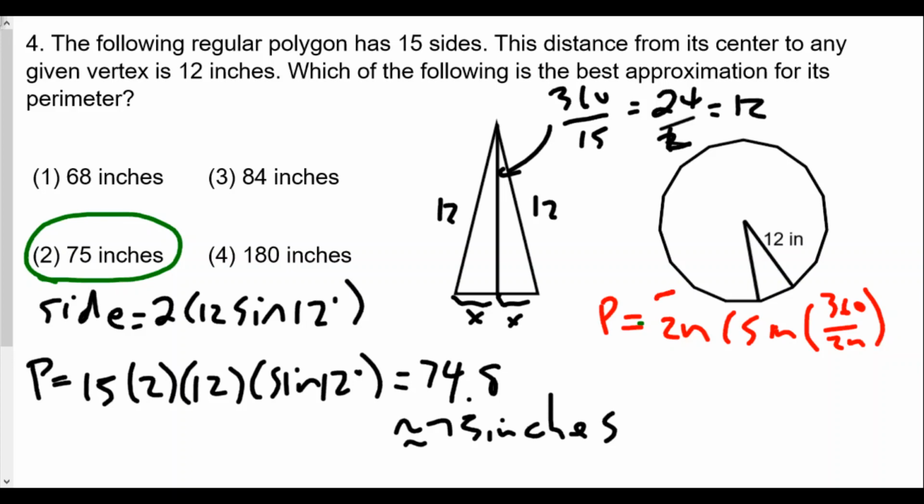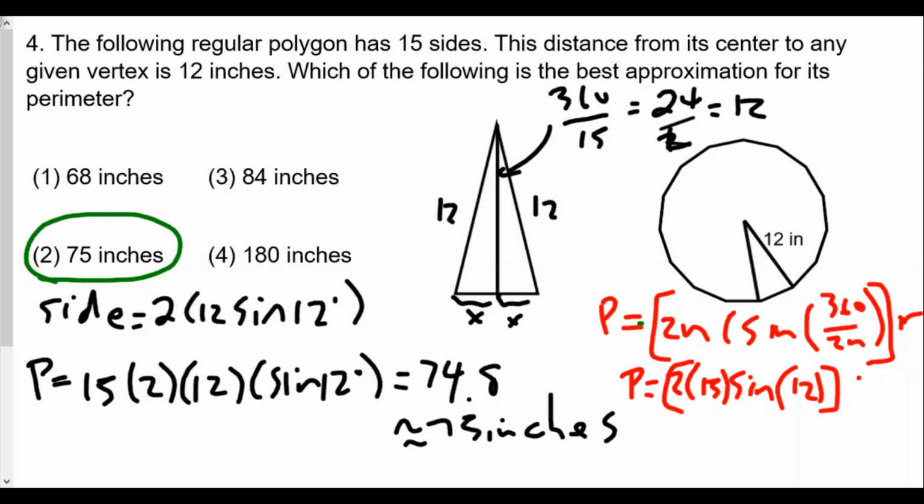So we had to multiply this whole thing by the measure of the leg, which in this case I'll call the r value, r. And so we plug this in, we're going to get P equals 2 times 15 times the sine of 30 over 30 is 12. So we multiply all of that by the measure of the radius, which is 12. And you'll see 2 times 15 times sine of 12 times 12.